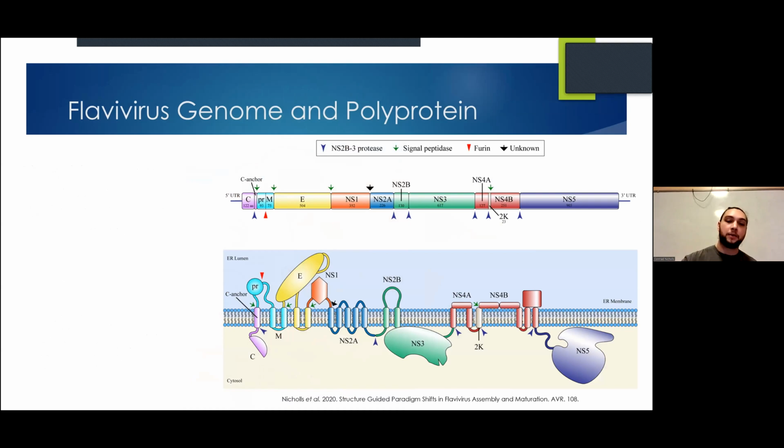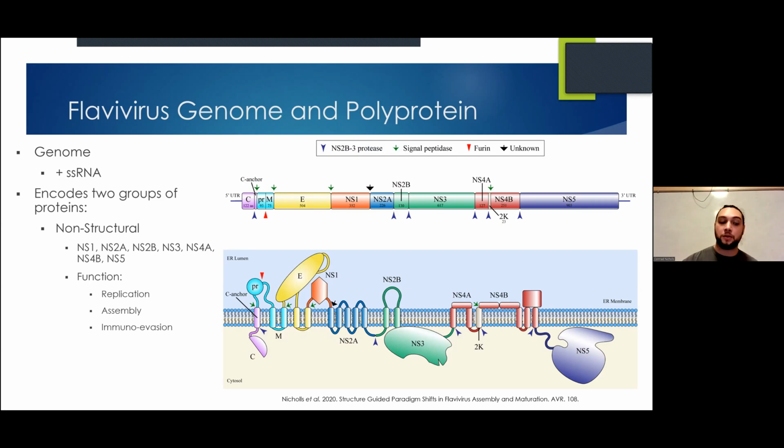But before we get into all that, I want to go through some of the flavivirus genome and polyprotein. So the genome, as I hinted at before, is a positive sense single-stranded RNA genome. Now, this genome encodes two different groups of proteins, the first being a non-structural group, which is all the NS proteins that you see here on the right side of this diagram, non-structural protein 1 through non-structural protein 5.